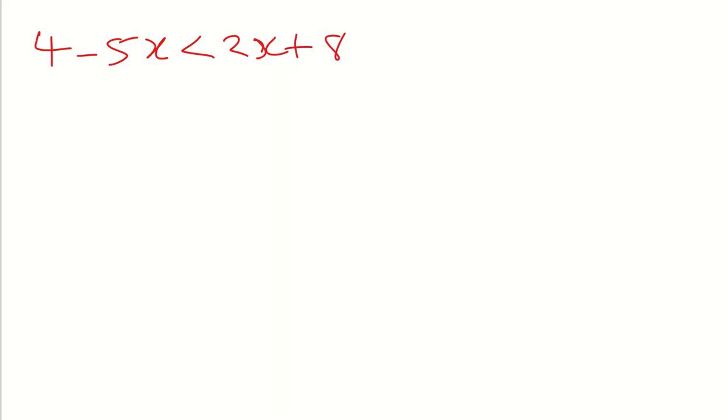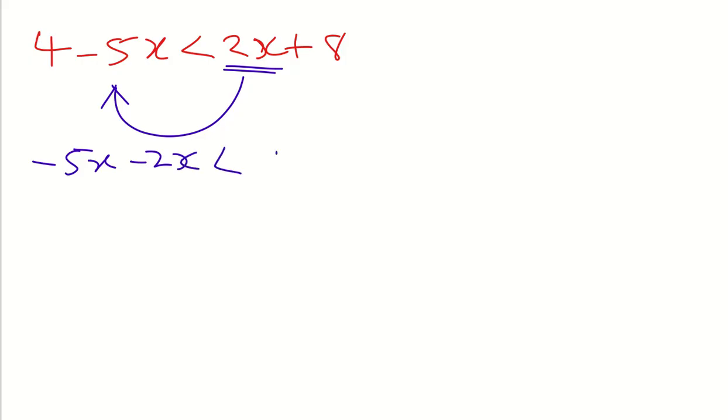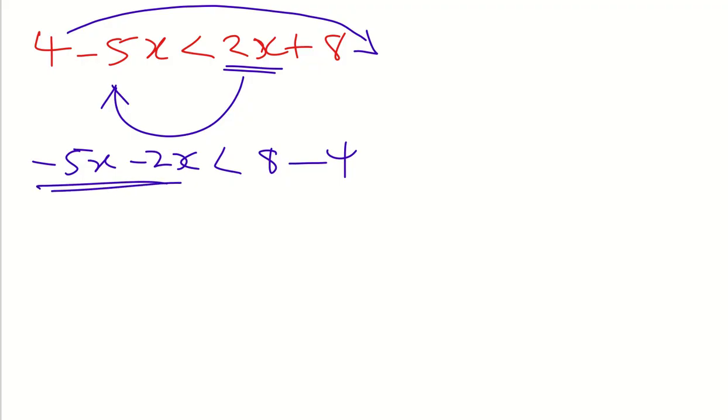The 2x goes to this side as negative, and the 8 goes to the other side as minus 4. So 4 minus 5x minus 2x is negative 7x, which is less than 8 minus 4. Now we divide both sides by negative 7.